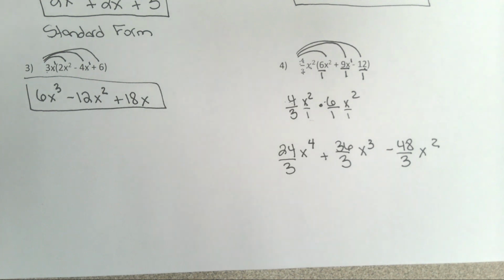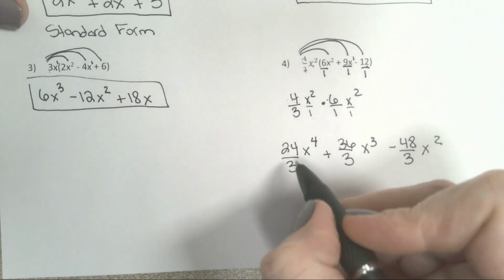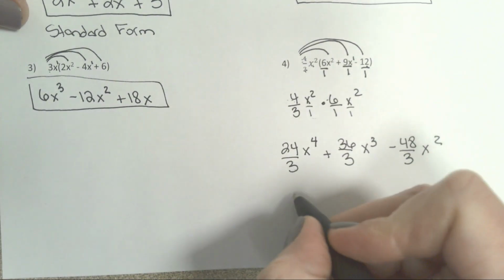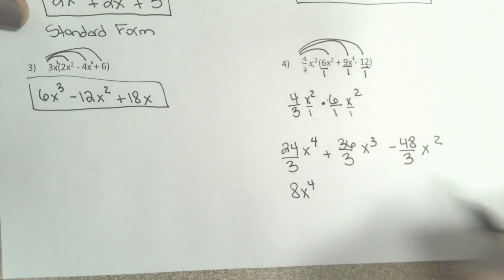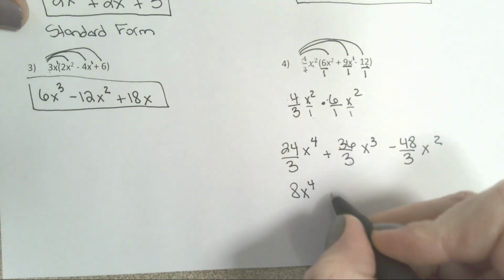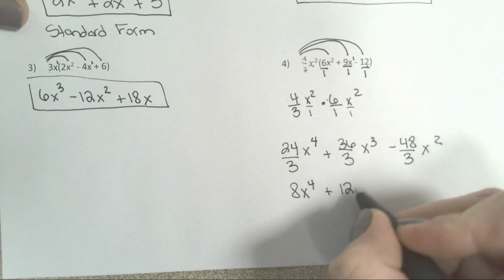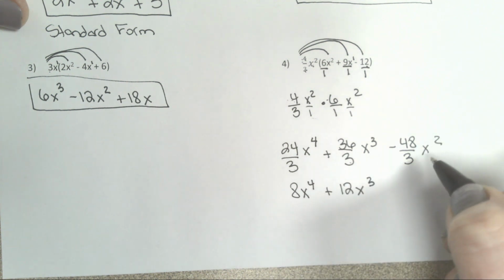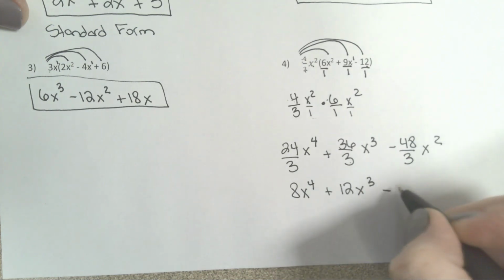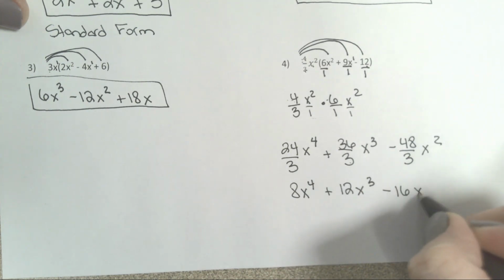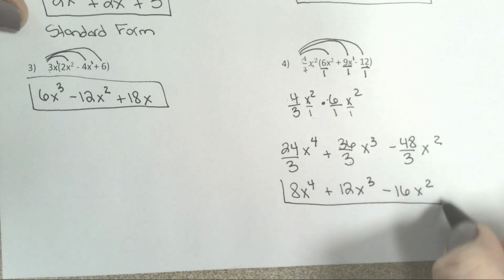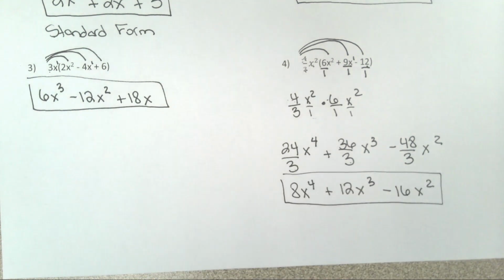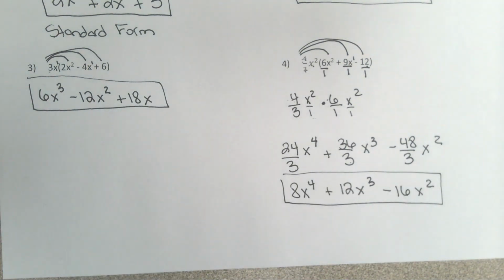So then I would go through and I would reduce all of my fractions. 24 divided by 3 is 8. 36 divided by 3 is 12. And 48 divided by 3 is 16. So that's how I would handle distributing fractions into it.